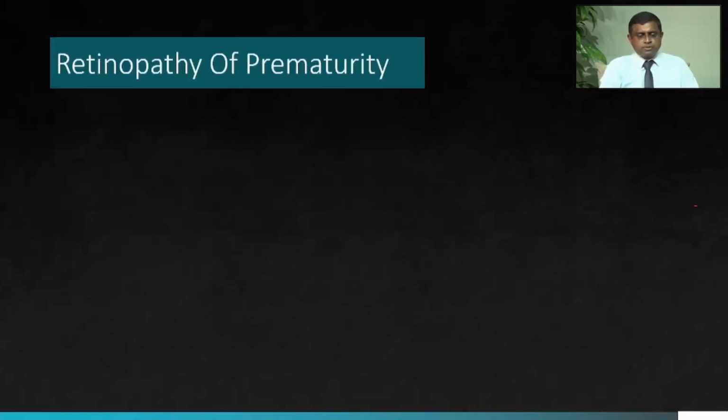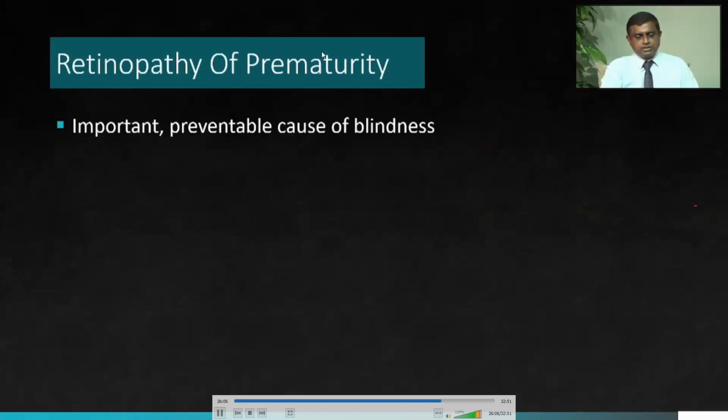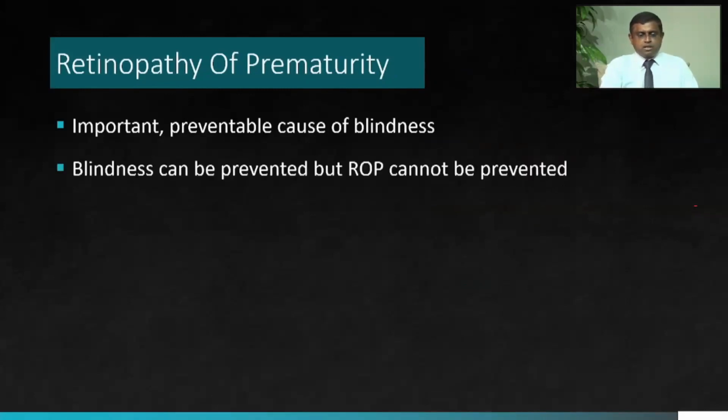Next topic is retinopathy of prematurity. This used to be an important cause of blindness in Sri Lankan children, but now with modern screening, detection and treatment, the blindness has become extremely rare. But still it can happen due to loopholes in screening and management.